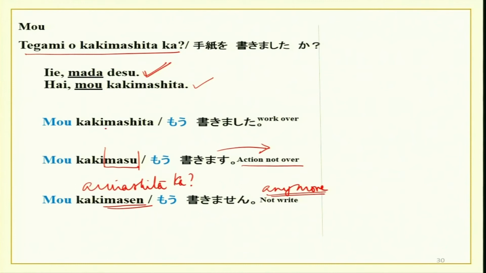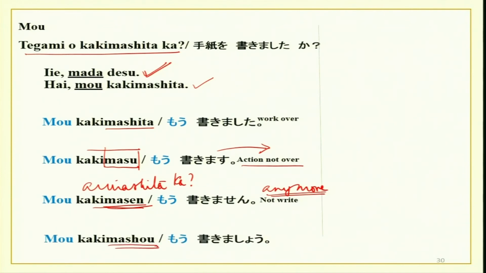So, you will see with mashita the meaning is different, masu form it is different, negative it is different, and then if you have masho form, what does it mean? It means let's do whatever the verb is saying. "Mo tabemashita ka?" "Iie mada desu." Or you can also say "mo tabemashou." So, it is already getting late, let's eat now. Masho form is always doing things together, meaning let's.